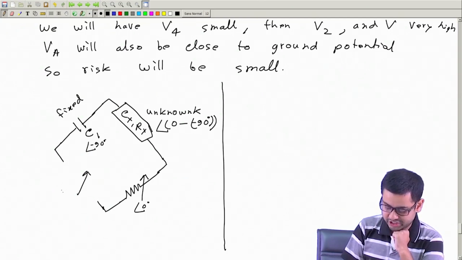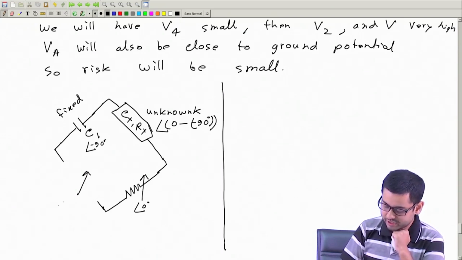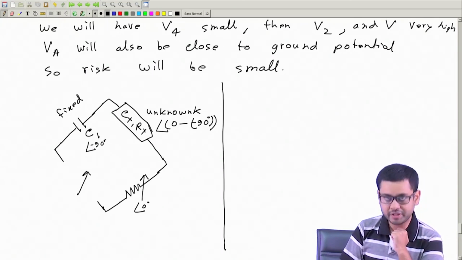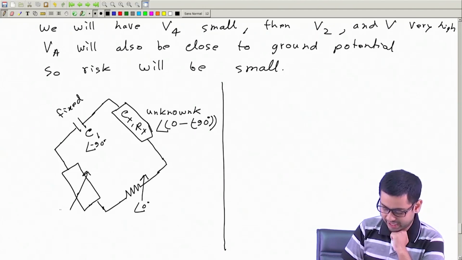So, what can we put here such that the sum of this and this angle is the same as the sum of this and this angle? This sum is minus 90, so this sum should also be minus 90. So, this also has to be a negative angle. What can we put? We can put here an RC combination, a variable RC combination.